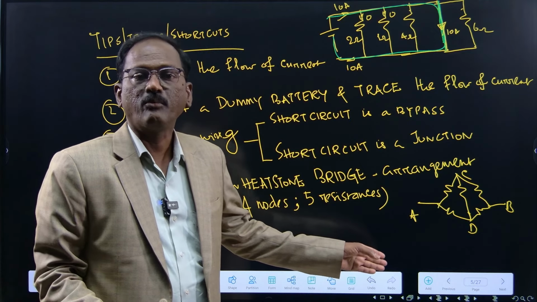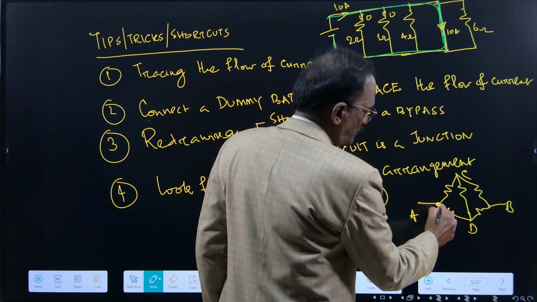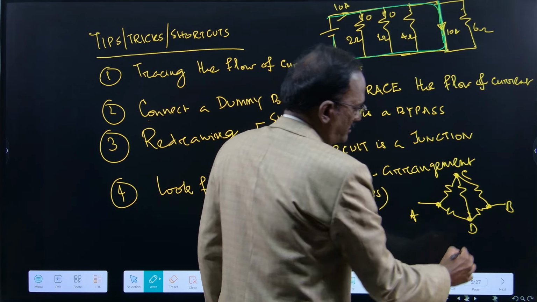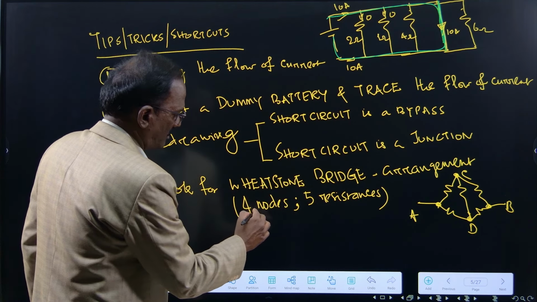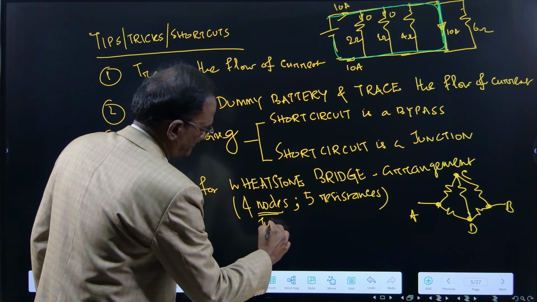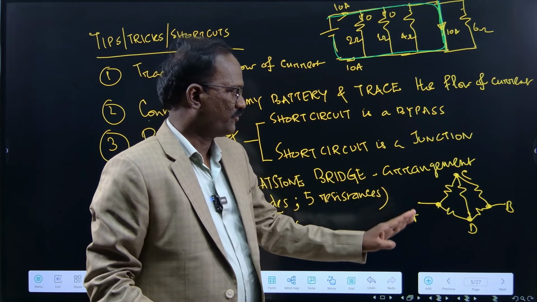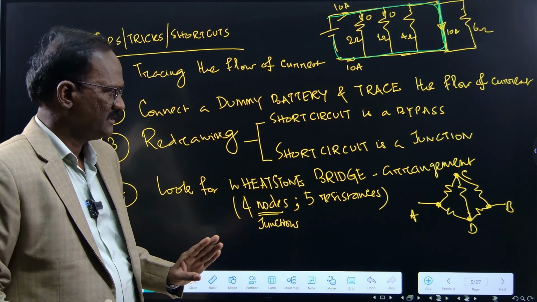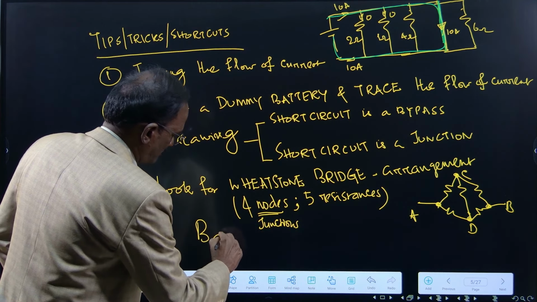This is one Wheatstone bridge. A is one node, B is another node, C is another node, D is another node. Node or junction, right? So actually 4 nodes or 4 junctions: 1, 2, 3, 4, 4 junctions, 5 resistances. So it is a Wheatstone bridge. Then we have to find whether it is a balanced one or unbalanced one.